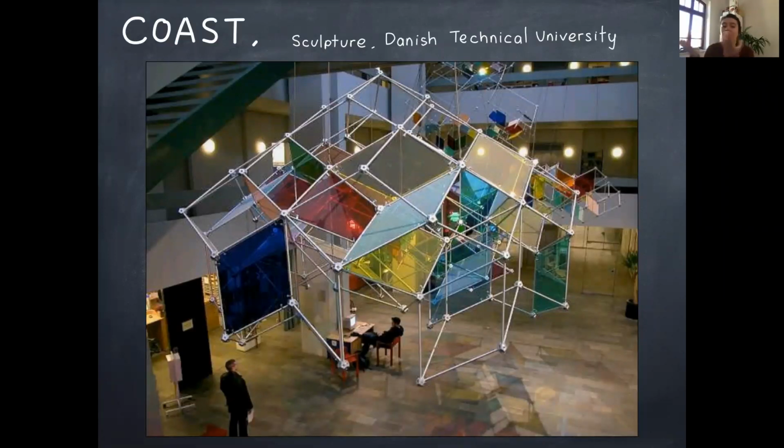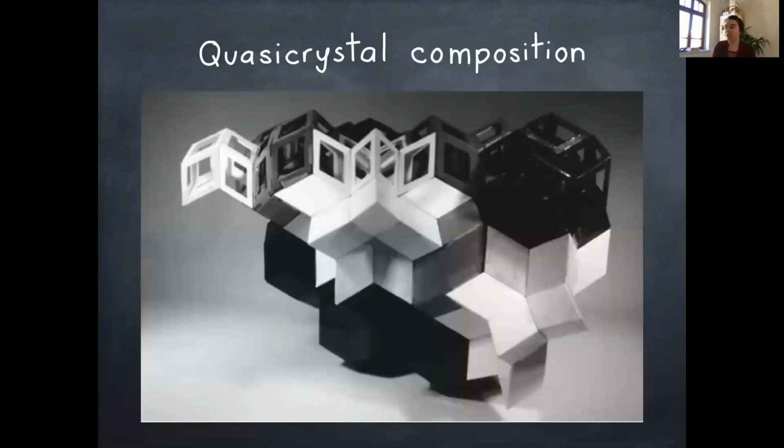So this is a very nice structure, and plating it with these translucent colored plates makes for a beautiful mathematical structure. So this is the problem that we're considering. How can we make these rigid with plates? And there are other structures you can make, like this quasicrystal composition made of rhombi. And we wanted to help Tony with his question.